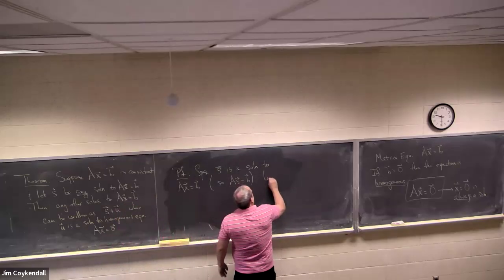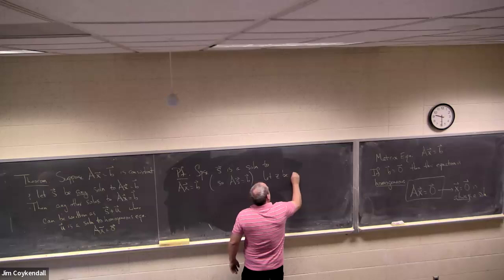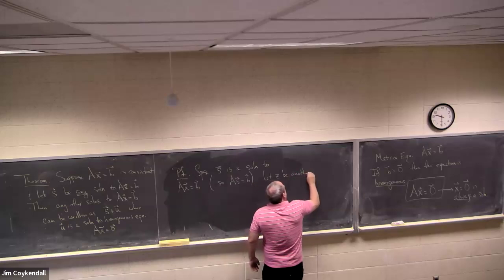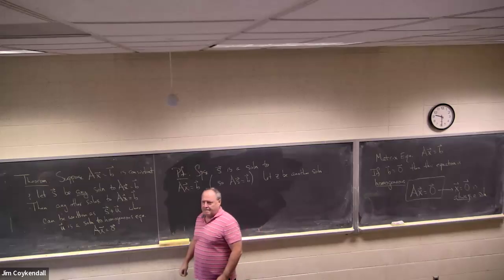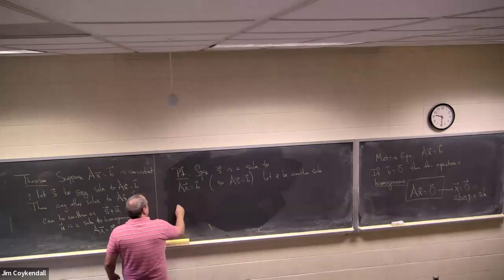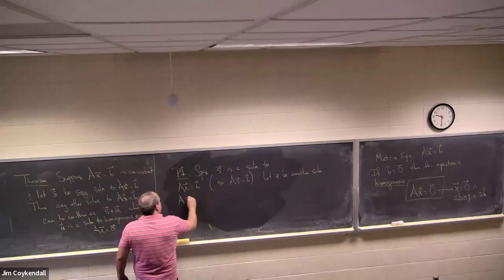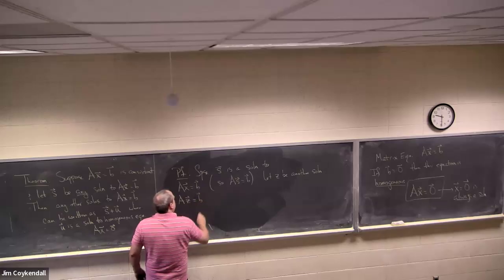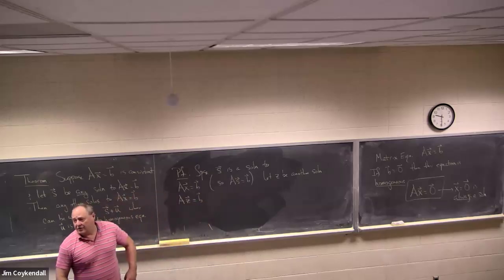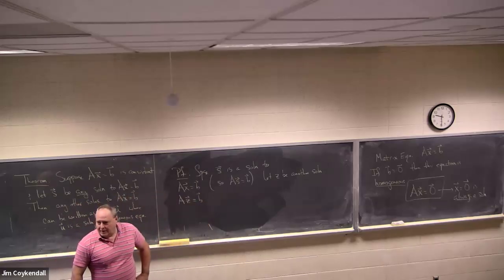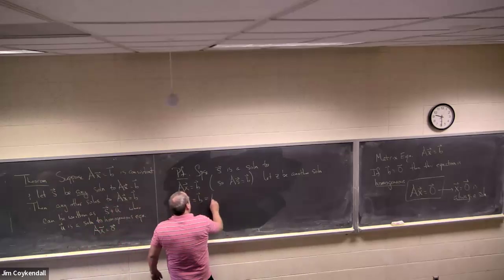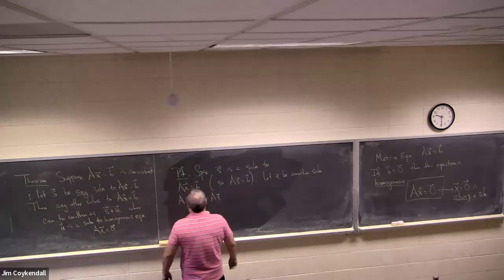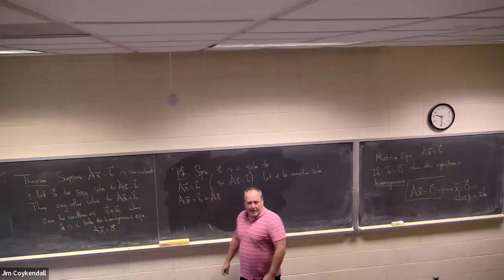Pick one at random. This means that AZ is also equal to B, right? Because it's another solution. Everybody agree with that? And this, of course, was also equal to AS.